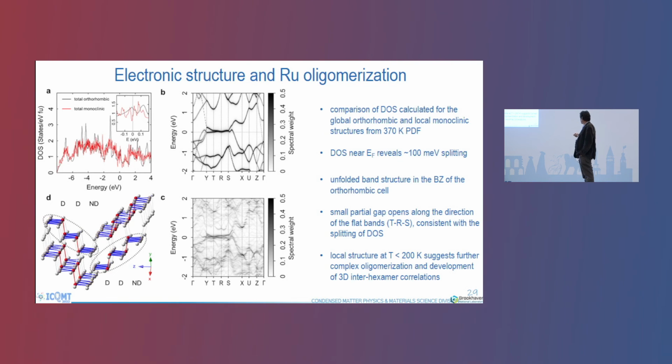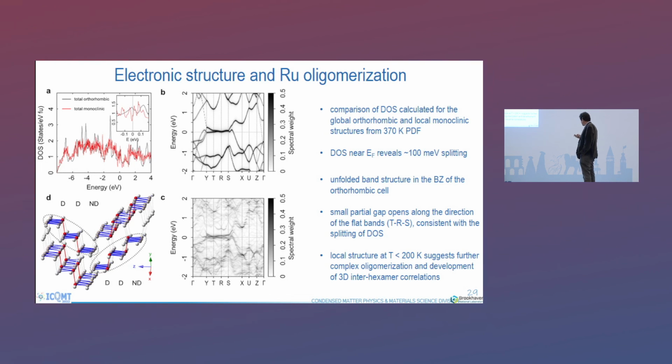When you do the unfolded band structure in the Brillouin zone of the orthorhombic unit cell, you also see that along this TRS direction there is a small partial gap opening that is consistent with the splitting of the density of states. The structure you obtain from the local refinements below 200 Kelvin suggests further complex oligomerization and development of 3D correlations between those long-range ordered hexamers.